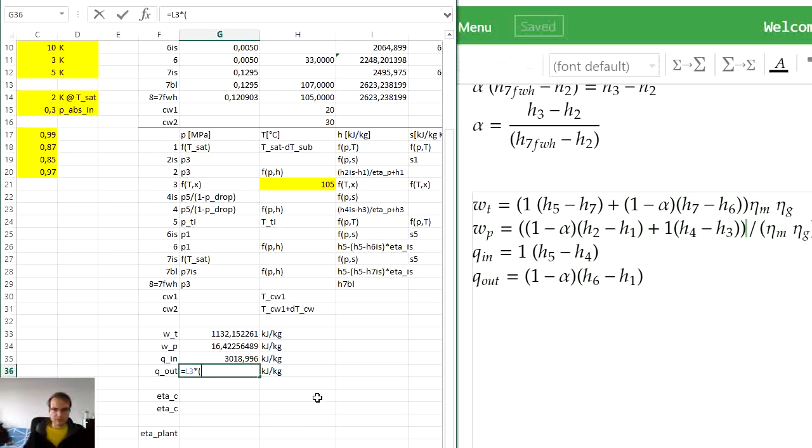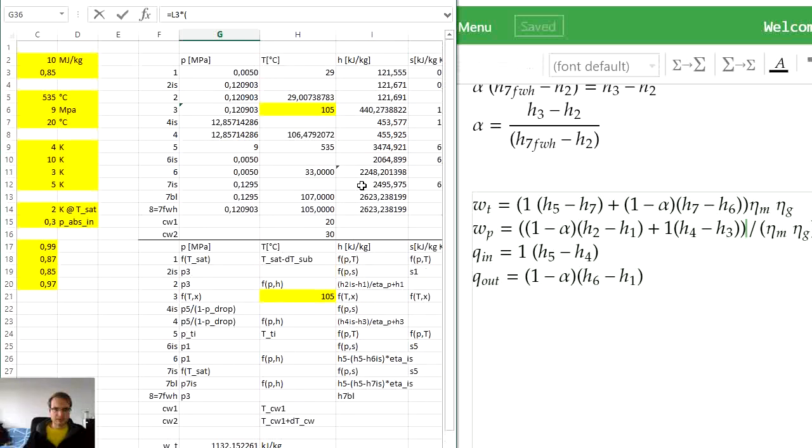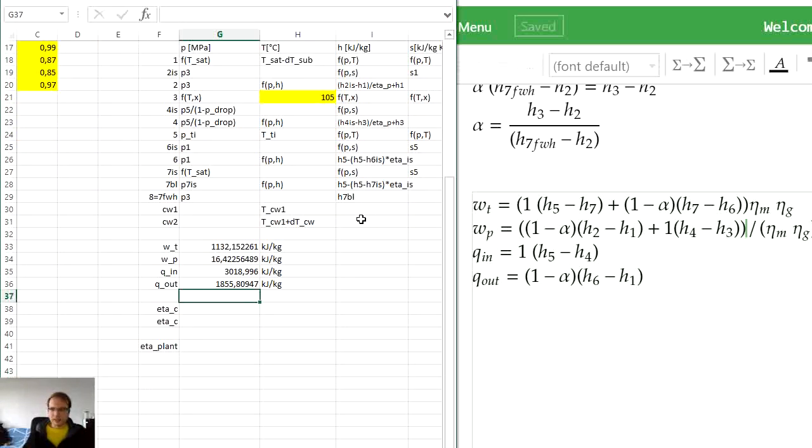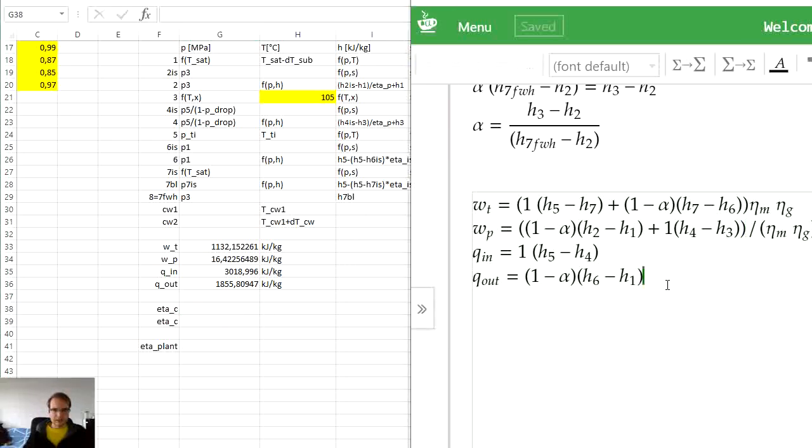This is multiplied by difference H6 minus H1, the difference of enthalpies across the condenser. So we get the heat rejected, and now we can calculate the efficiency.